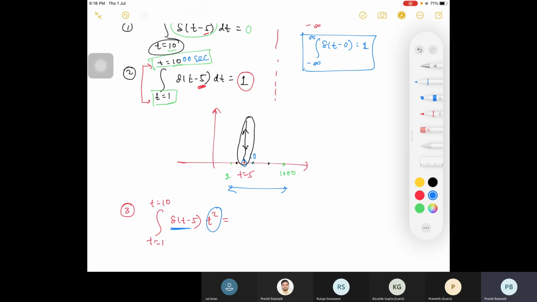So this is your function, and you need to find out the value of that function at your given point. What is your given point here? 5, right? You need to find the value of the function at that point, but that point must be in the given interval. Are you guys following this?